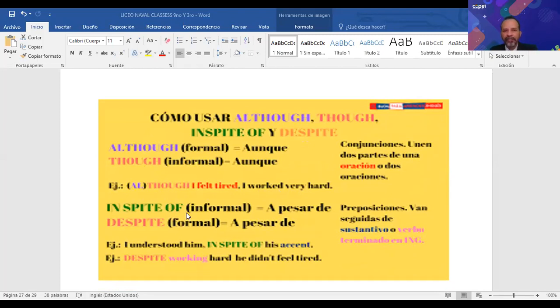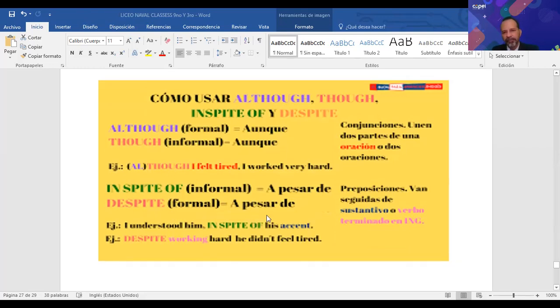In spite of is informal. This is the meaning in Spanish. Despite is formal and it has the same meaning in Spanish. Look at the example. I understood him in spite of his accent. Despite working hard, he didn't feel tired. Look at the difference here. In spite of is with a noun, so a possessive adjective and a noun.